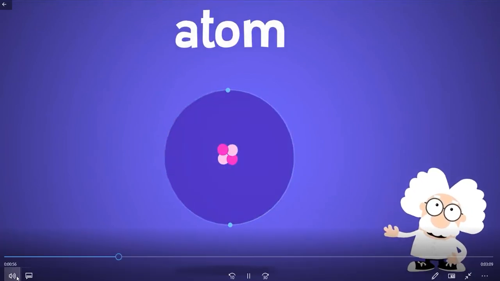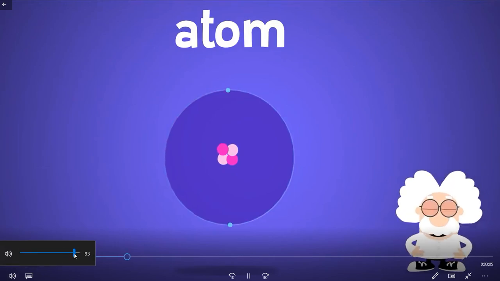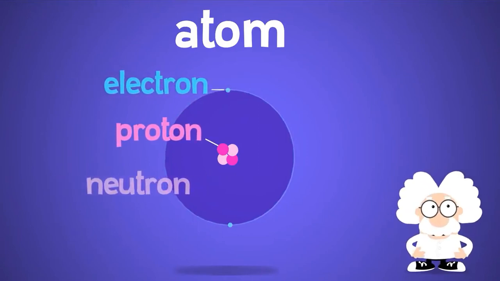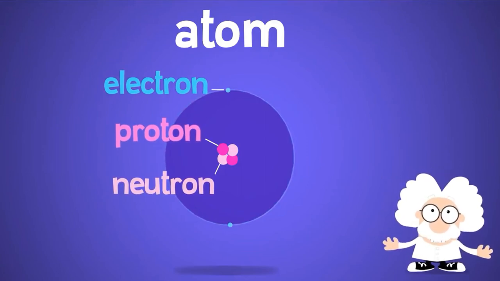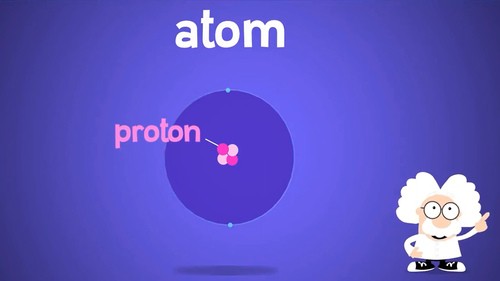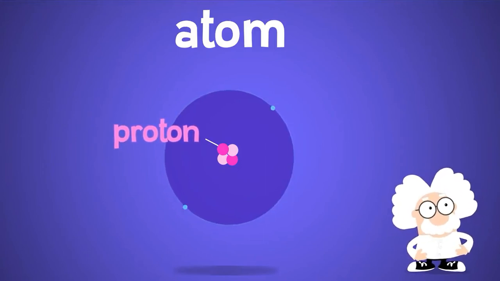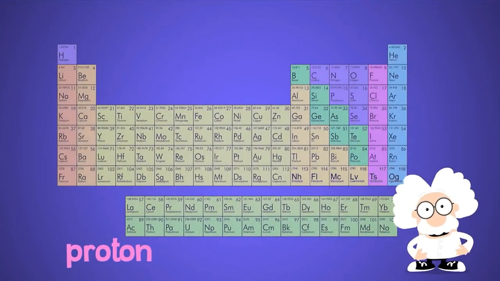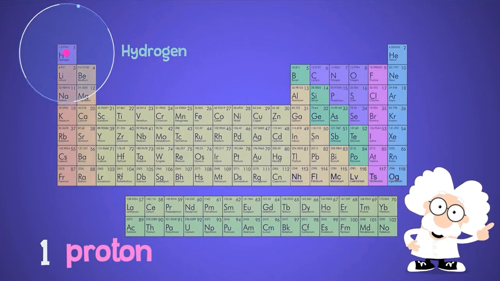As you can see here, atoms are made of just 3 types of tiny particles called protons, electrons, and neutrons. And each of these tiny particles does something special. For example, it's the number of protons inside an atom that makes each element different. If we look at the periodic table, the first element, hydrogen, has 1 proton.